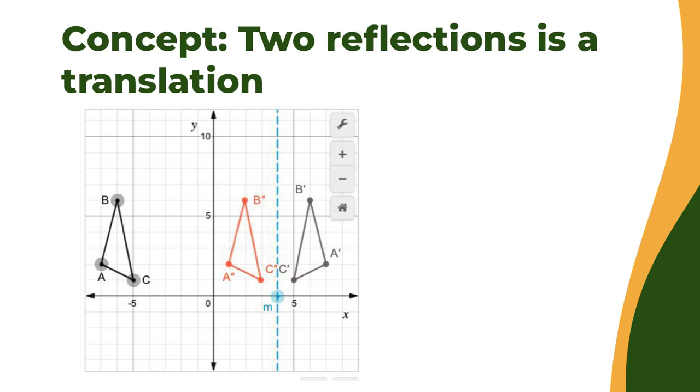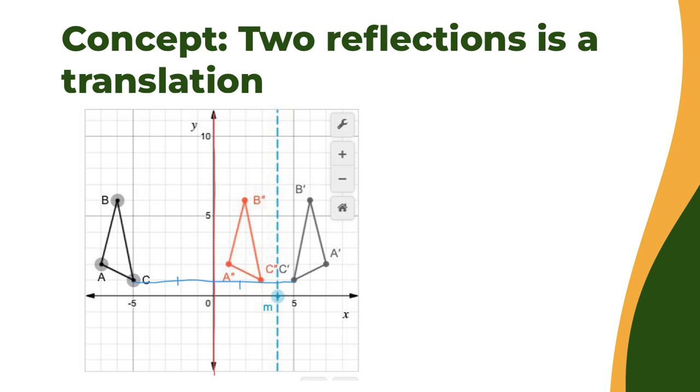Remember from last class, when we reflect something over an axis, so if this is our line of reflection right here, all of the points, when I connect them, have to be the same distance.